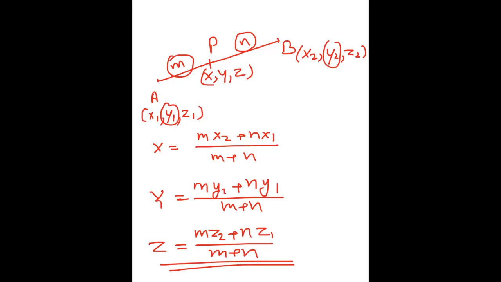So hope you are able to remember this. Only for z we need to apply the same technique. Means the section formula is mx2 plus nx1 upon m plus n. For y it is my2 plus ny1 upon m plus n. Same for z will be mz2 plus nz1 upon m plus n.